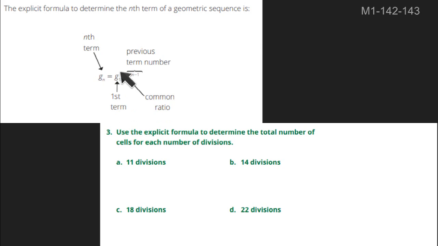So whatever the first term in our sequence is goes here, and that is getting multiplied by r. Instead of r being multiplied by n minus 1, now it's r to the n minus 1 power. And again, that's just a number, not the actual previous term. So if we're after the 100th term, this would be 100 minus 1, so it would be to the 99th power right here.